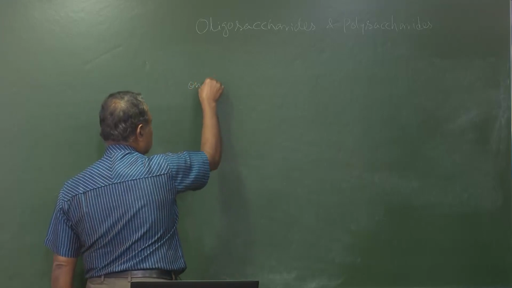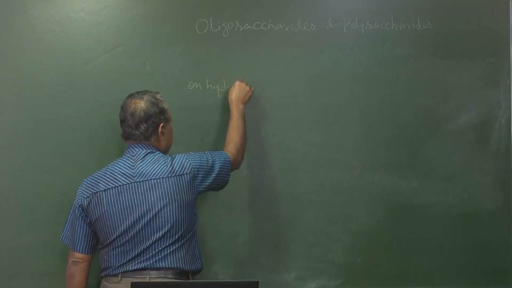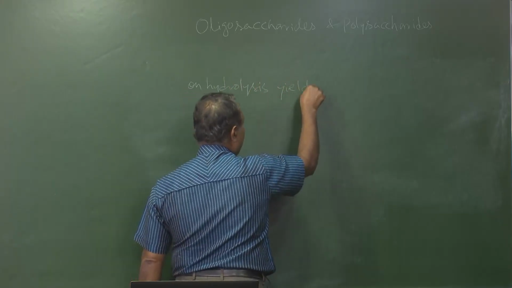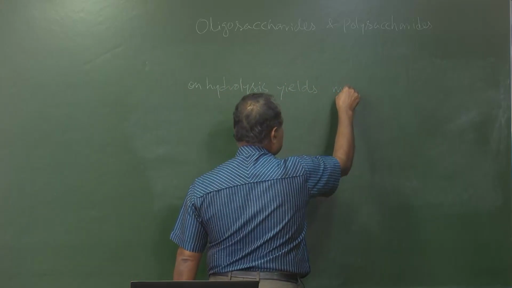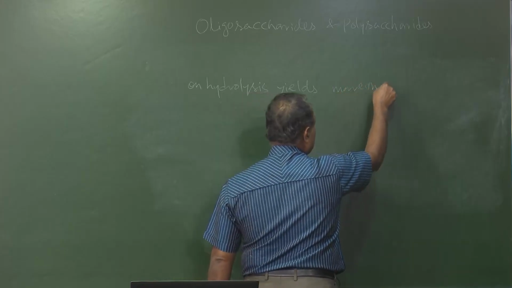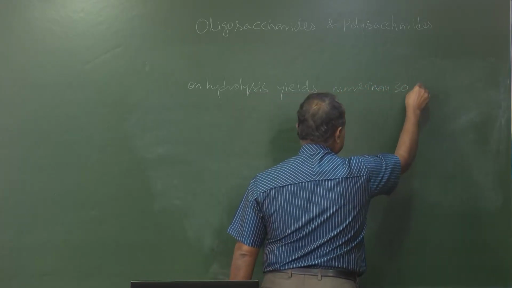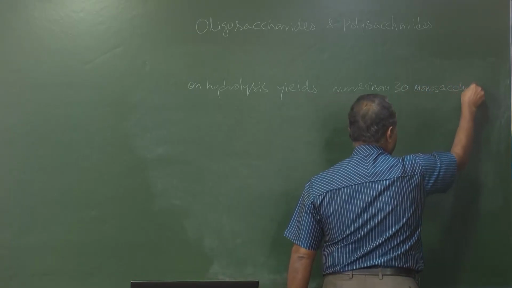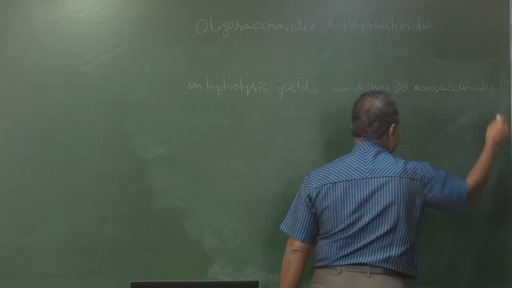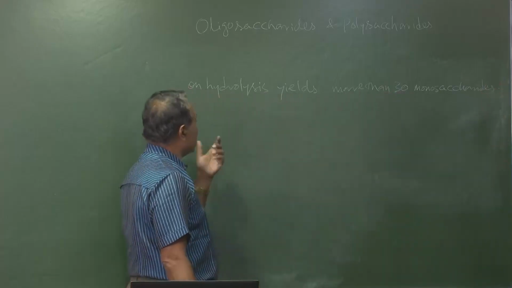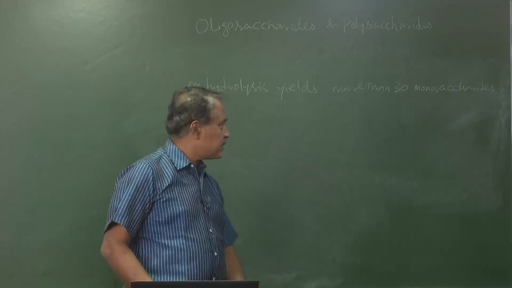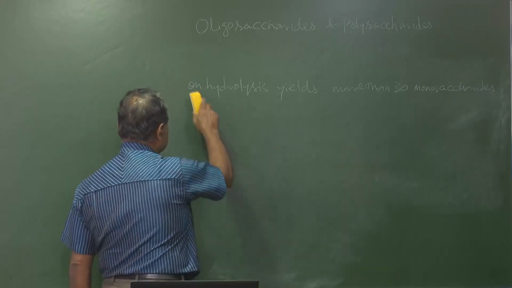On hydrolysis yields more than 30 monosaccharides. That is what we call the polysaccharides.